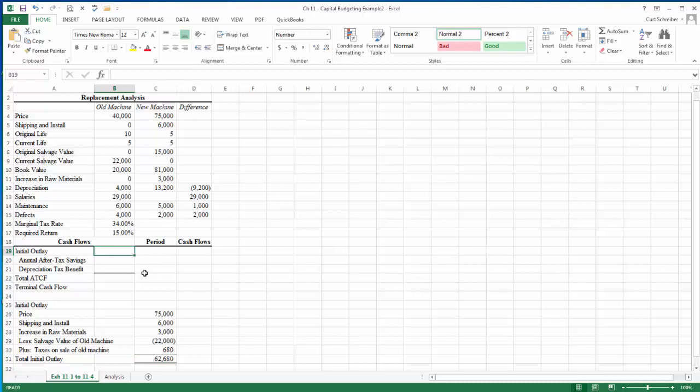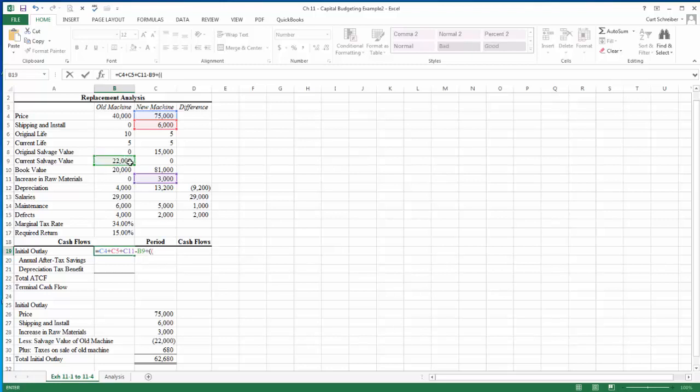Now, the way our authors lay this out, we could also do this in a single cell. I just wanted to lay it out this way, but in a single cell is equal to the $75,000 plus the $6,000 plus the additional $3,000 minus what we're going to get back, or the salvage value, plus the taxes.